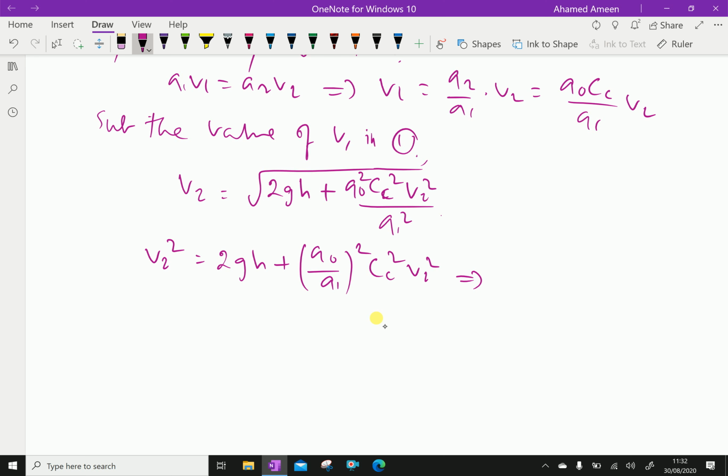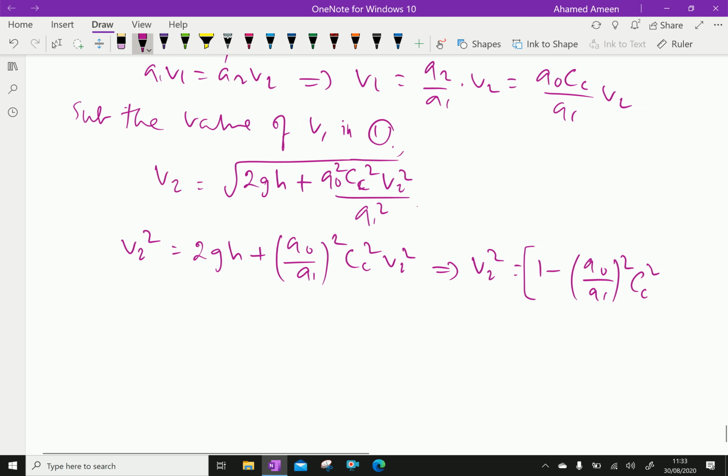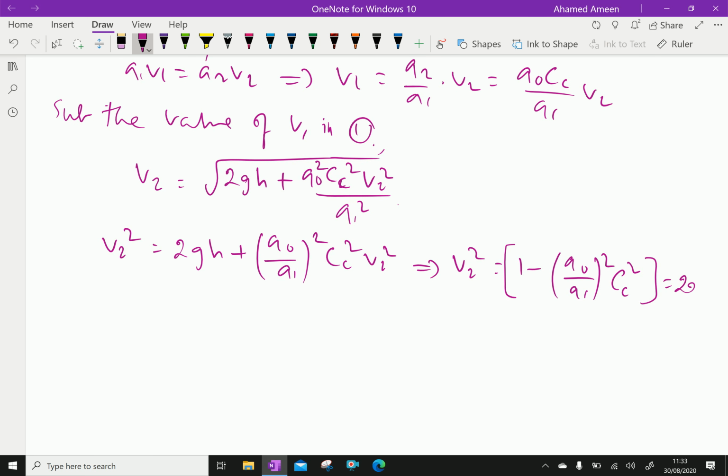Or further we can write V2 squared times 1 minus A0 by A1 the squared, CC squared, equals 2gH.